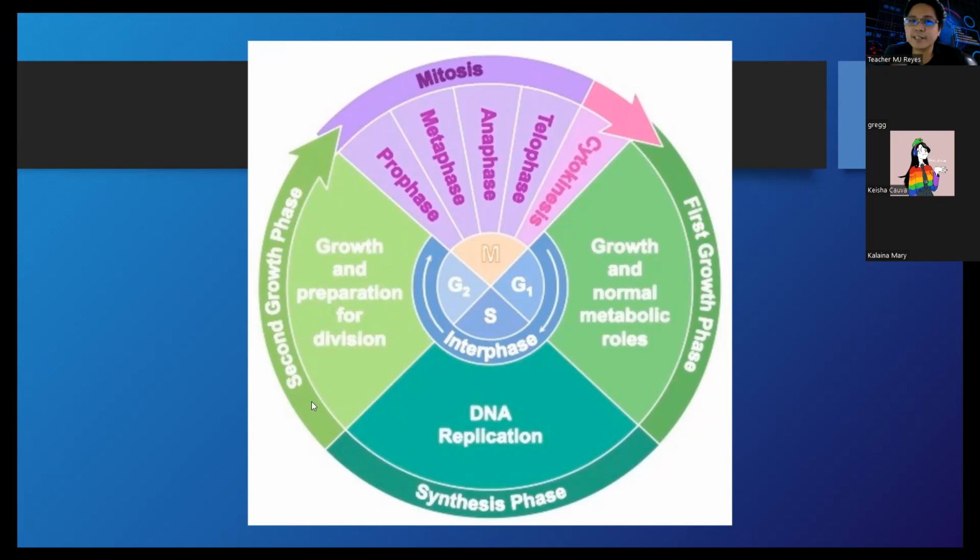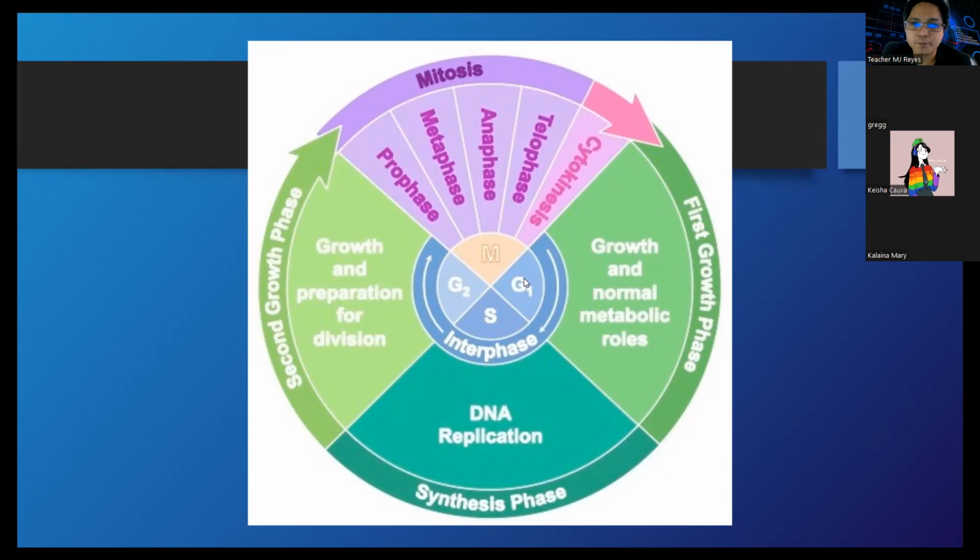Here comes the next phase, the mitotic phase or M phase. In the mitotic phase, you can see the 4 phases of mitosis: prophase, metaphase, anaphase, and telophase. According to some books, interphase is also included.